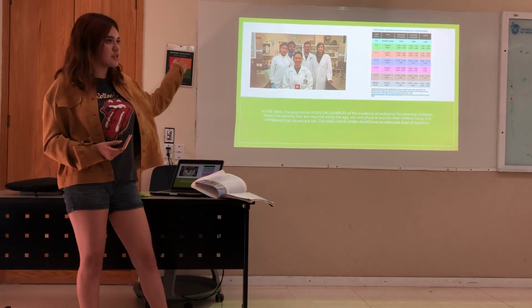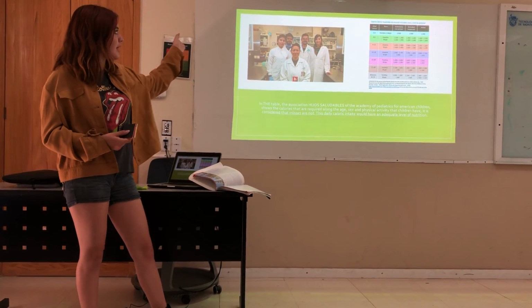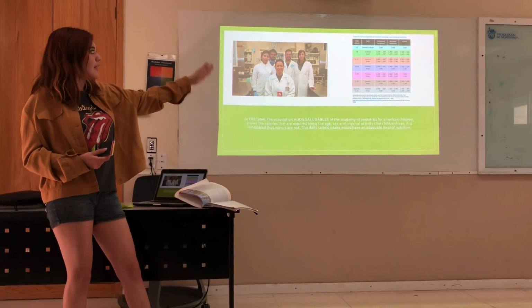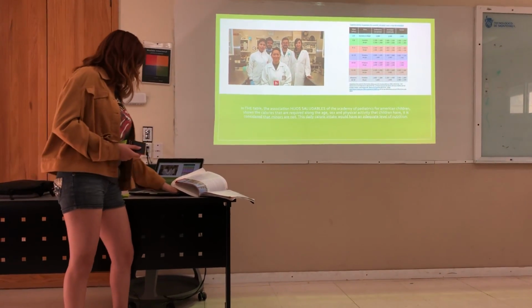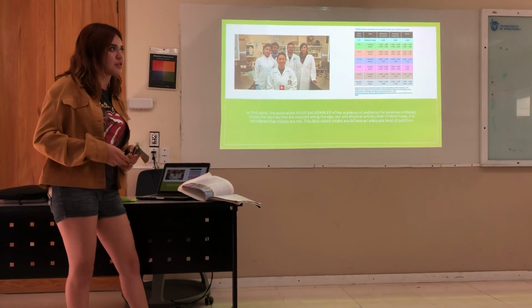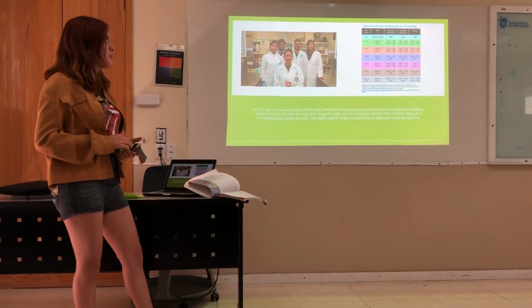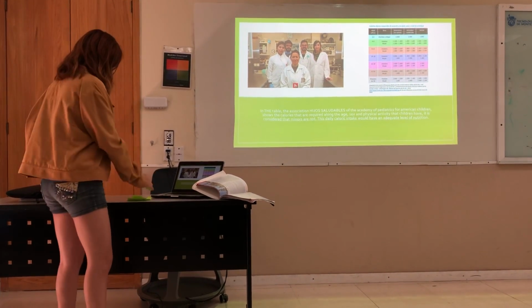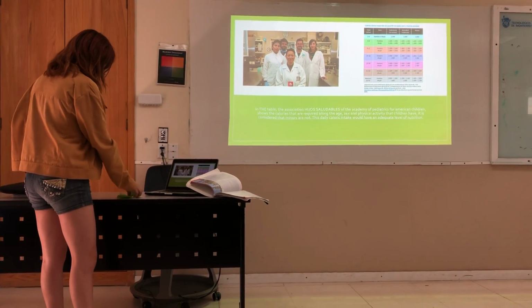So the students from the university took all this data into consideration to make this product and make it a possible solution. However, this product hasn't been proved yet because they haven't been able to experiment.